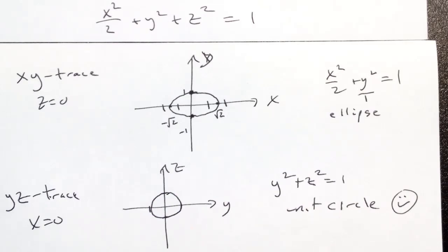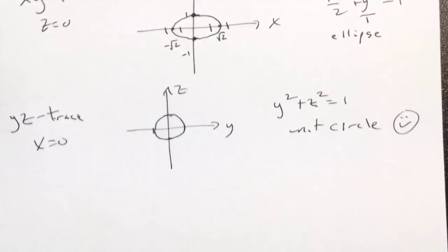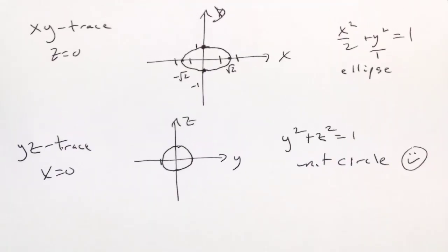Now, if I were physically building this object, this shape that I want to get, I could take a circle made out of wire and put it this way. And I could take an oval made out of wire and put it this way. And that would be the start.